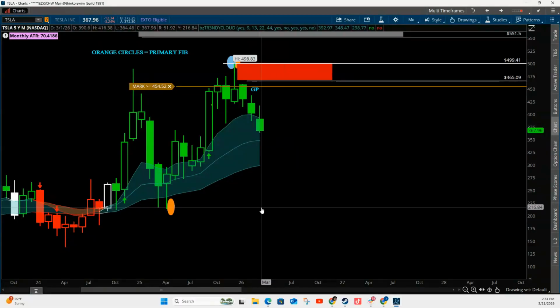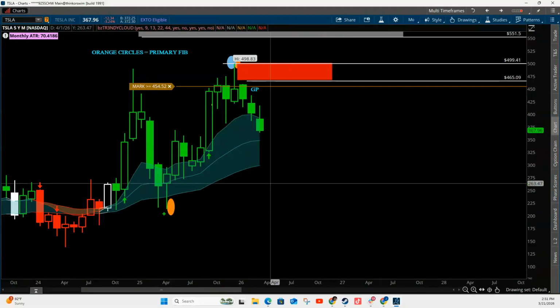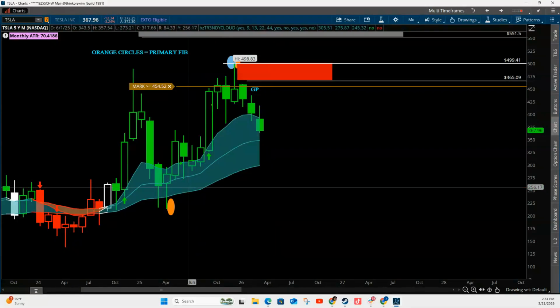So for example, follow along with me here. Okay. We have this initial candle, and this is an inside candle, and this is an up candle. This is an initial candle. This is an inside candle. This is an inside candle. This is an inside candle. This is an up candle.